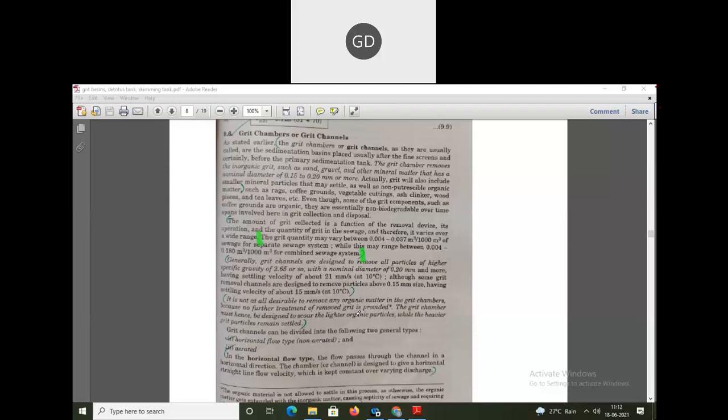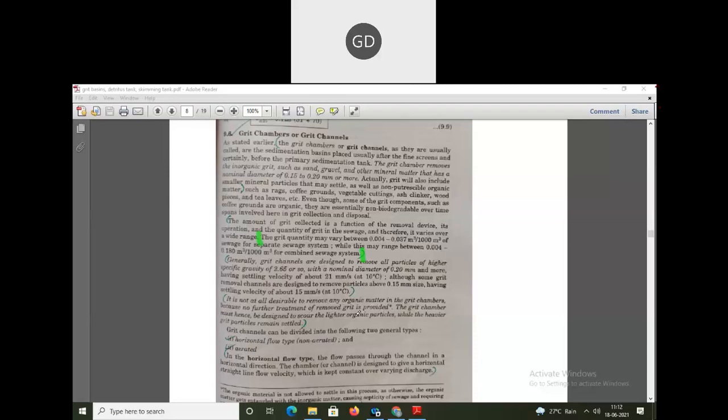Okay, so now we have two types of grit channels or grit chambers. One is horizontal flow, which is a non-aerated one, and the other one is the aerated flow type. So we have two types of grit channels.